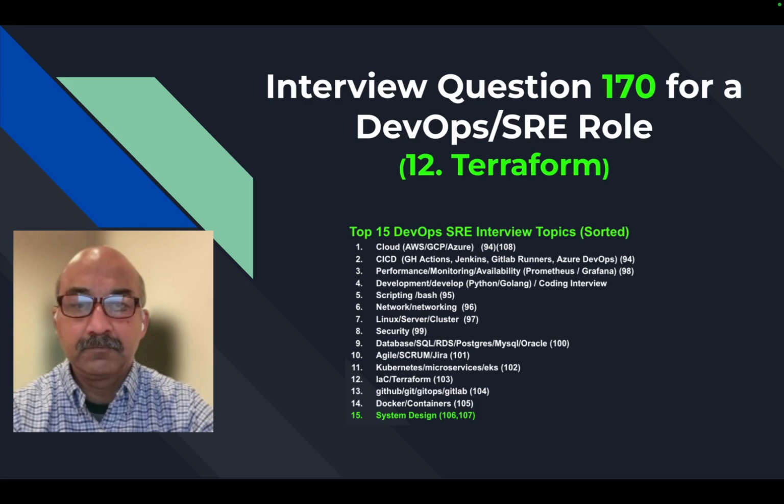However, these are from 35 job descriptions. So even the 15th one, system design, came up 17 times from 35, so they're not negligible. You should focus on the top ones, but you should touch a little bit on the ones at the bottom.